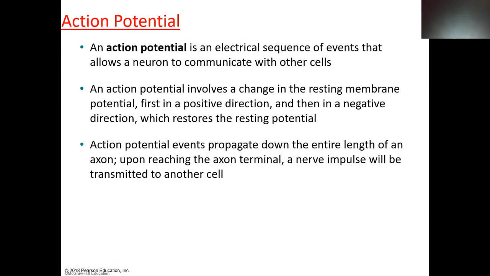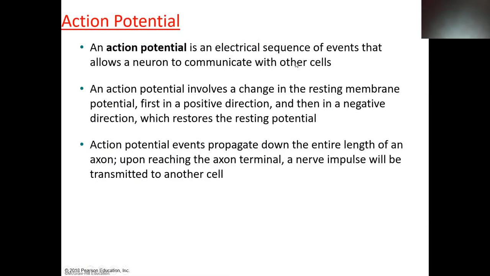We have to get to -55 in order to reach the threshold. And then we're going to go up in a process of depolarization to a +30 or +40, come back down to repolarize. But if we go a little bit too far, that's our hyperpolarization, and ultimately we end up back at our resting membrane potential so the neuron can do it all over again.